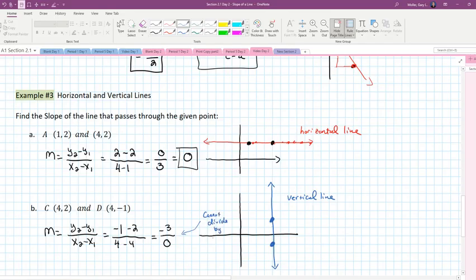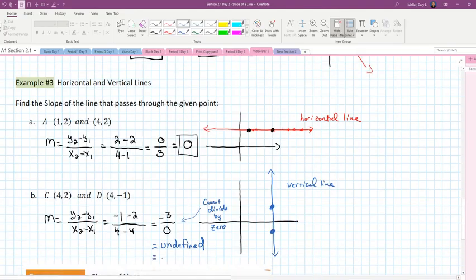So anytime we have this vertical line situation, or anytime our horizontal change is 0, we need to equate that to, oh, that's a vertical line. And its slope is what we would call either undefined, because if you grab your calculator and do this math, you're going to get an error, or we would say there's no slope.